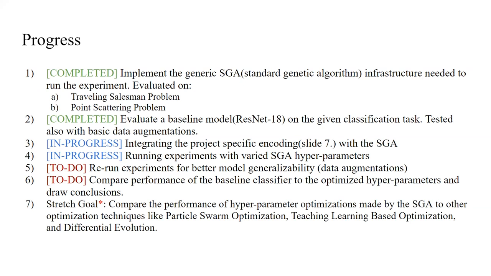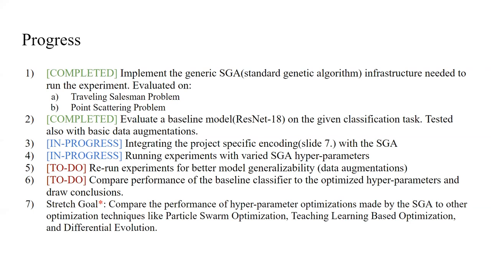I've also implemented the baseline ResNet model on the RATS data set, so I have a baseline comparison for my results later on. Currently I'm integrating the encoding that I discussed with the standard genetic algorithm, because I now have the infrastructure via the first two problems. I'm also running experiments testing different hyperparameters for the genetic algorithm.